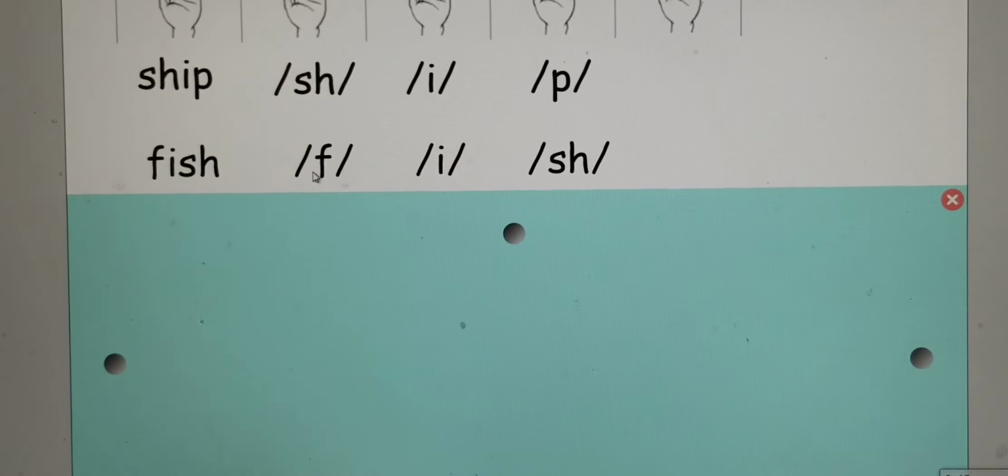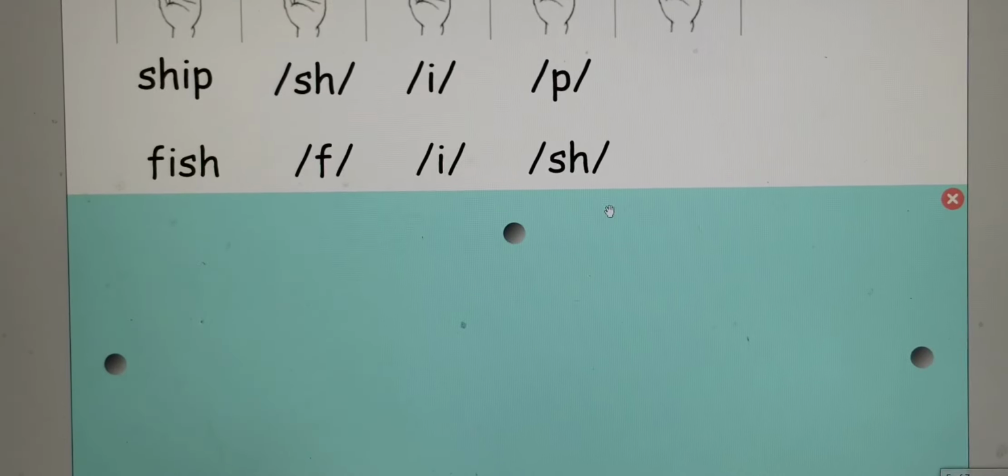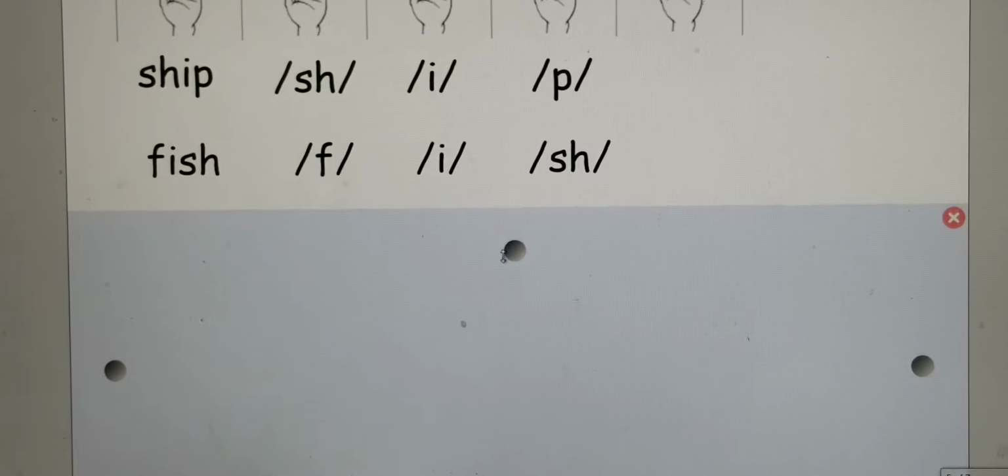Ready? F, eh, sh. F, ish. Fish. Yes. How many of you boys and girls like to have fish for dinner? Okay. Does anybody have fish as pets? Great, boys and girls. We have one more. Ready?